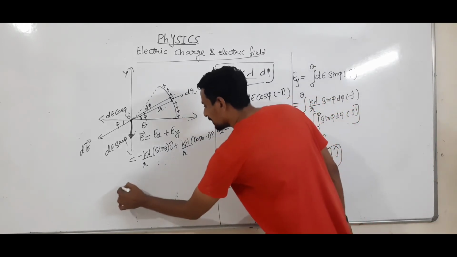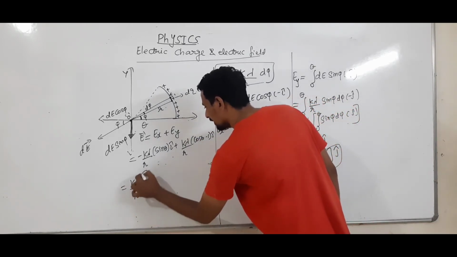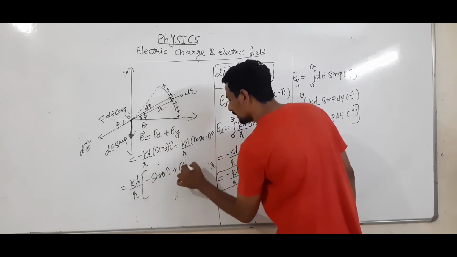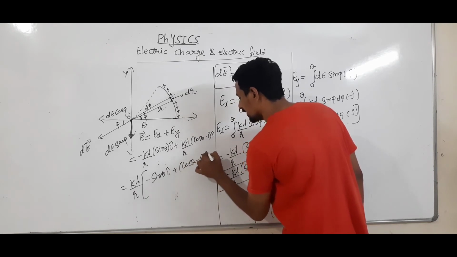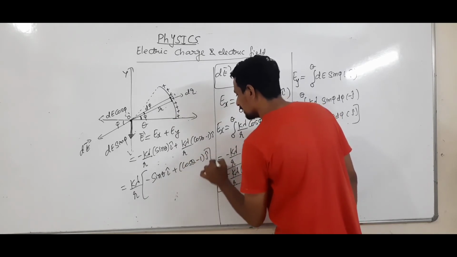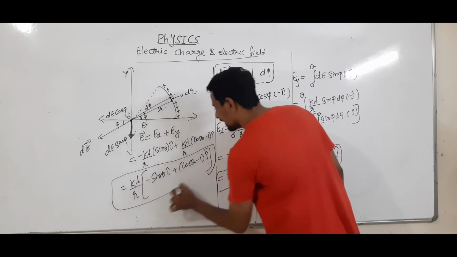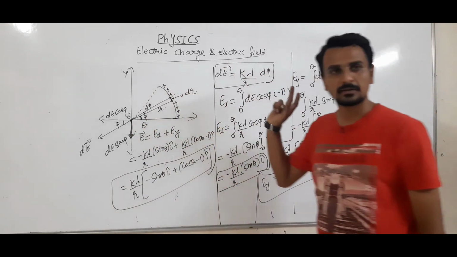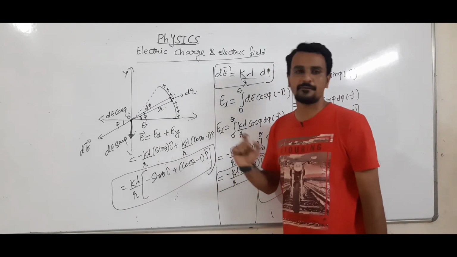You can take k lambda by r common. So this is minus sin theta i plus cos theta minus 1 j caret. So this is the electric field produced at the origin because of this arc. You can take this as a general formula.